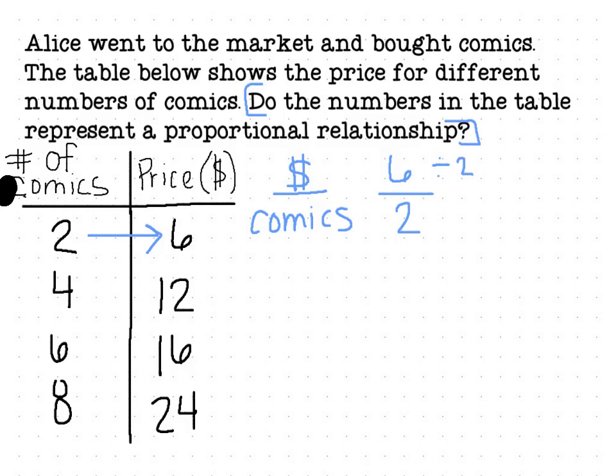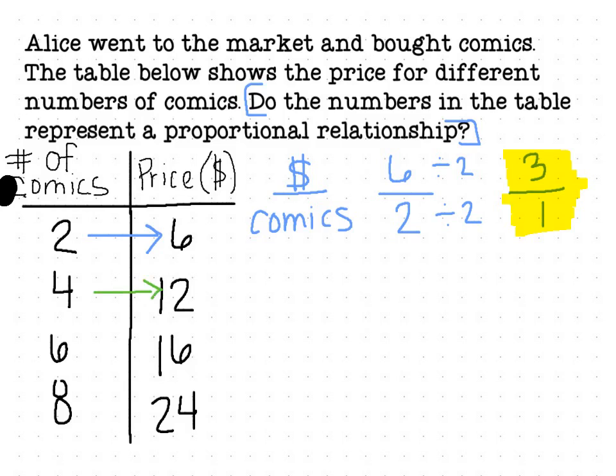Divide by 2, divide by 2, and that gives me $3 buys 1 comic. How we determine if we have a proportional relationship is to simplify each step in our table and determine if they all come to the conclusion that 1 comic costs $3, like we did in the first one.